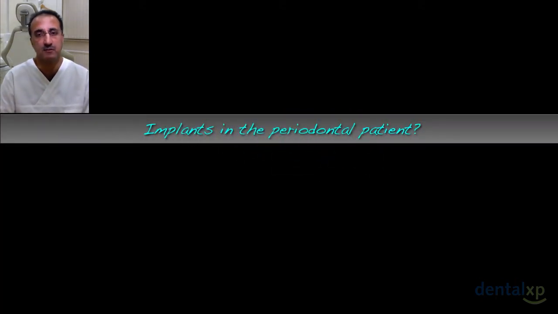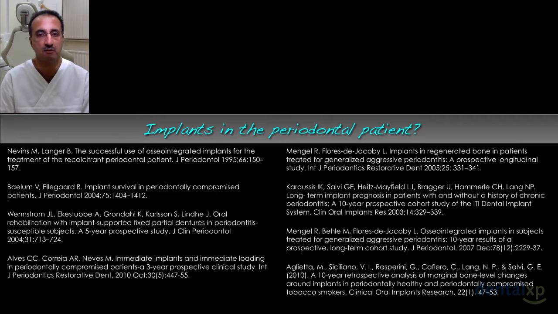Whether we can place implants in the periodontal patient or not, we know that in the literature now we have a good deal of evidence that suggests that we are indeed able to place implants in these patients, but we should expect to see a higher incidence of complications relating to the biology. And that means more peri-implant mucositis and peri-implantitis incidences and a higher level of annual bone loss.